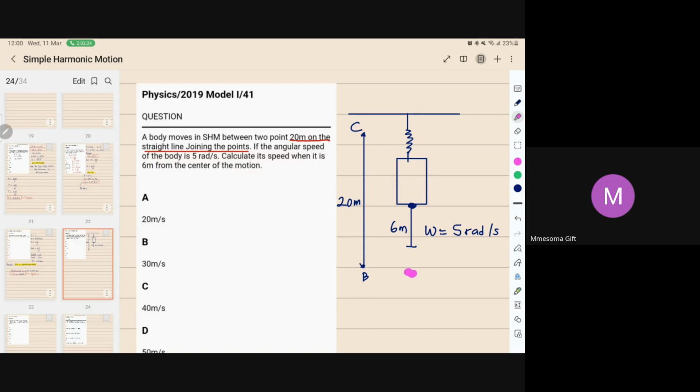That means when I stretch this thing down, it moves to this point, B, bounces to C, C to B, and then this is the center point. So what do you think should be the amplitude? So we are looking for the speed. The speed V is unknown. So what will be the amplitude?